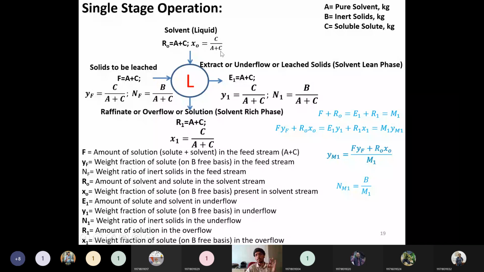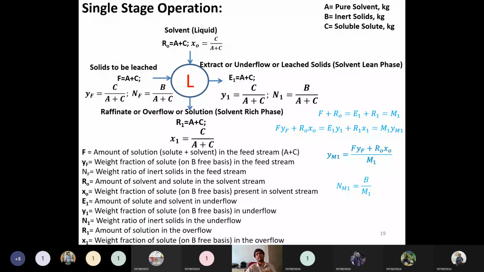You have to remember that. The notation scheme is the same, A, B, C will exist in every stream, but their quantities will be different, not the notations. So that's a single stage problem.